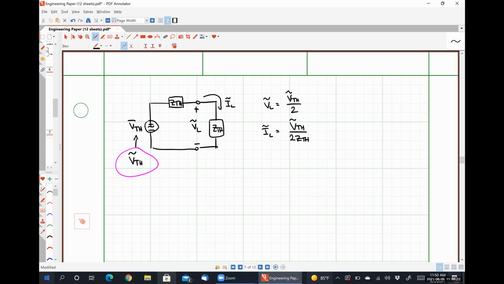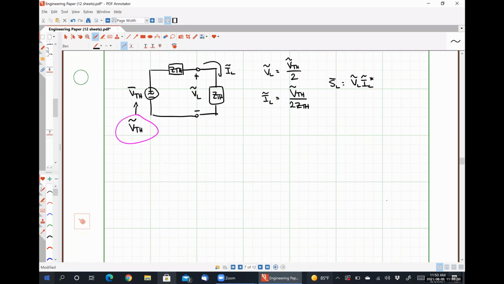And then we have enough information to calculate the complex power, as SL would be VL times IL conjugate. So that's how you would take care of part D.